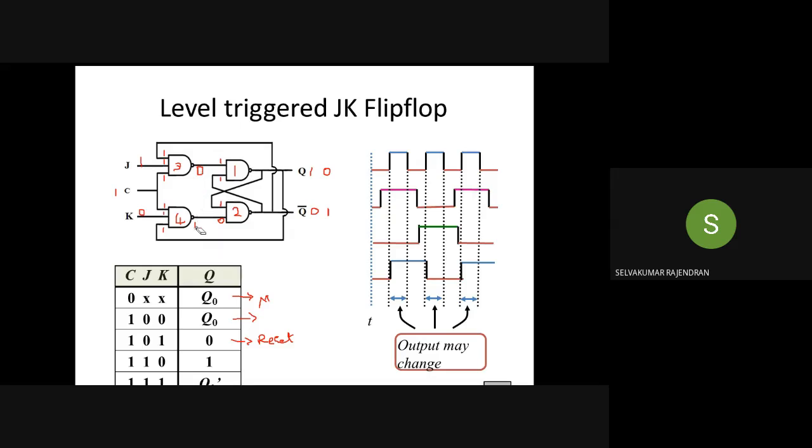For this input case, the latch produces the set output condition. Q goes to 1, Q bar goes to 0. Because of this, NAND gate 1 having 0 on its first input produces logic 1. That is applied to NAND gate 2, so NAND gate 2 having logic 1 on both inputs will be 0.